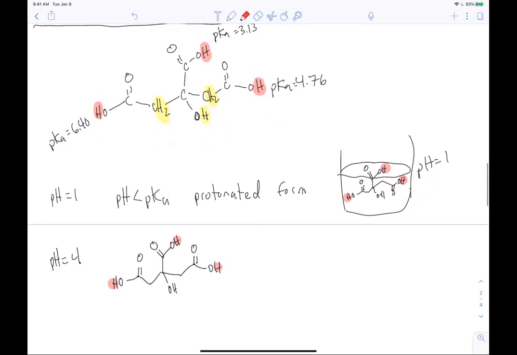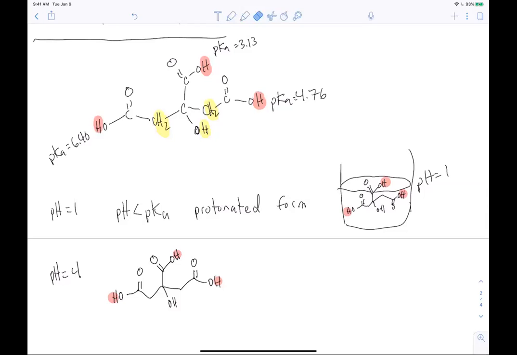At a pH of 4, which of these is going to be protonated? This one has a pKa equal to 6.4. Using our little rule, if the pH is less than the pKa, it's in the protonated form. Here our pH is less than the pKa, so it stays protonated. This one has a pKa equal to 4.76.